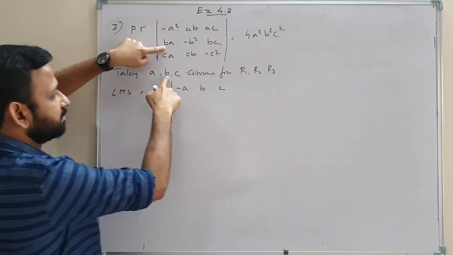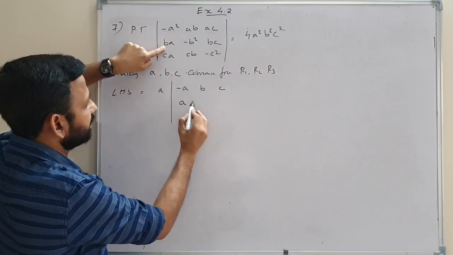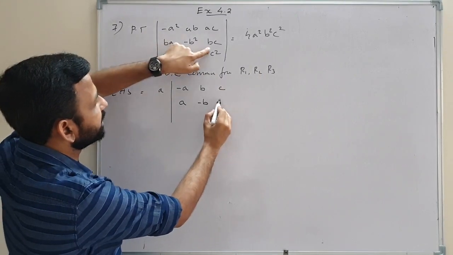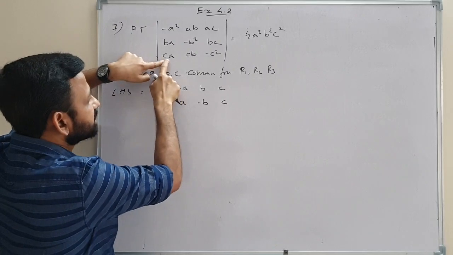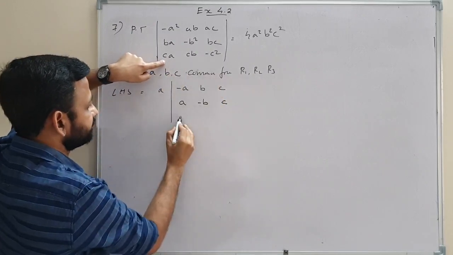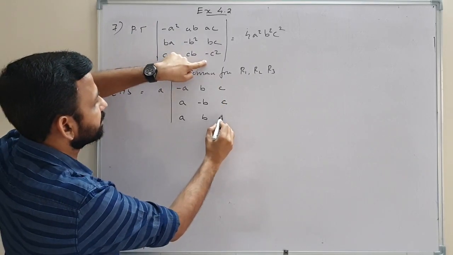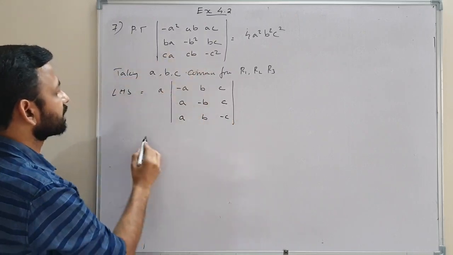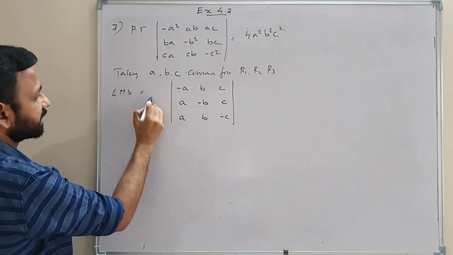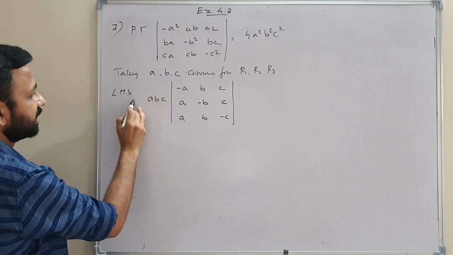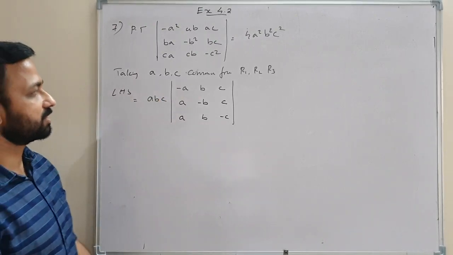B outside from R2, so a, minus b, c. Then c outside from R3: a, b, minus c. So we have taken abc outside, so we write abc here. LHS, abc, so we got this one.